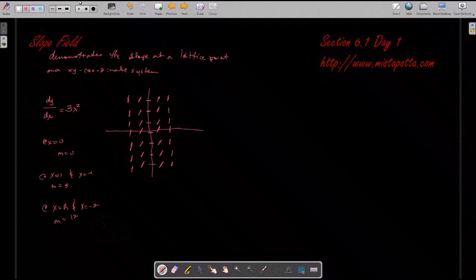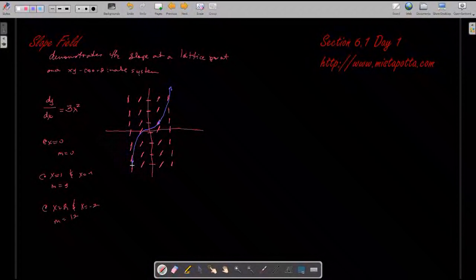Now, one of the nice things that we can do with slope fields is, starting at some particular point, say this point here, I can follow the contours of my graph. I notice that I'm increasing rather steeply, I'm coming to a horizontal tangent, then I'm decreasing rather steeply.